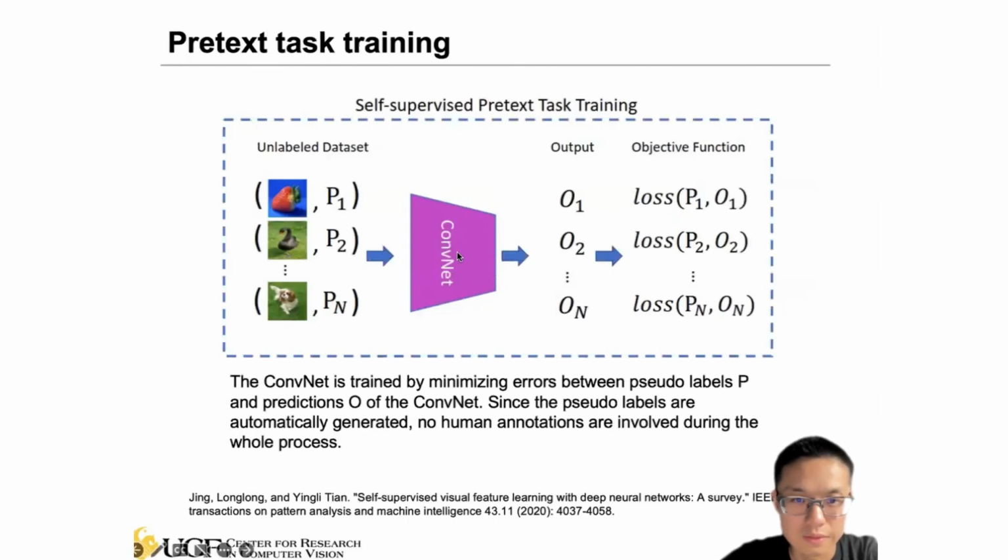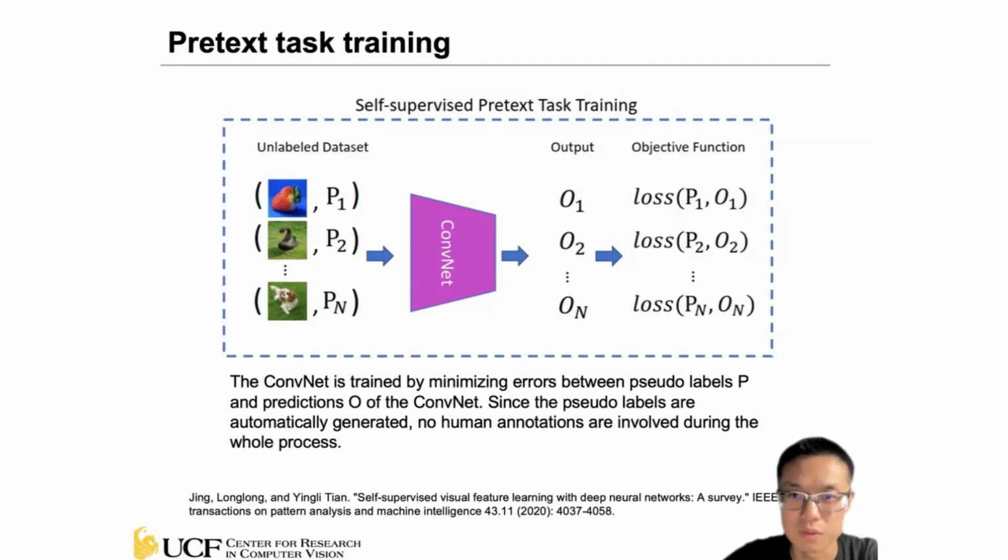Here is a graphic illustration of how self-supervised pretext training is performed. You have an unlabeled dataset, and based on the pretext task, you generate the pseudo labels, P1 to Pn. With these pseudo labels, you can train the network just like normal supervised training.